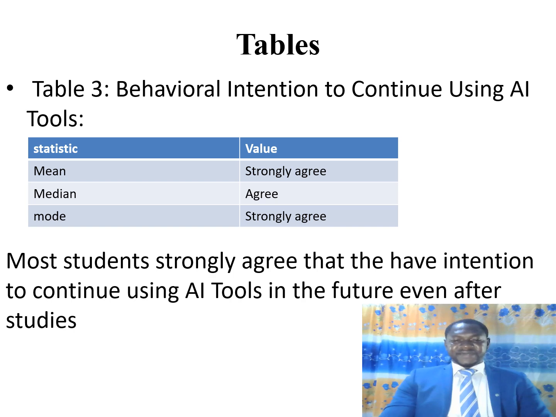The mean, I decided to liken it to numbers, and that falls on strongly agree. Whilst the median, that's the middle if you arrange them, falls on agree. So the conclusion on the tables: most students strongly agree that they have intention to continue using AI tools in the future, even after studies.